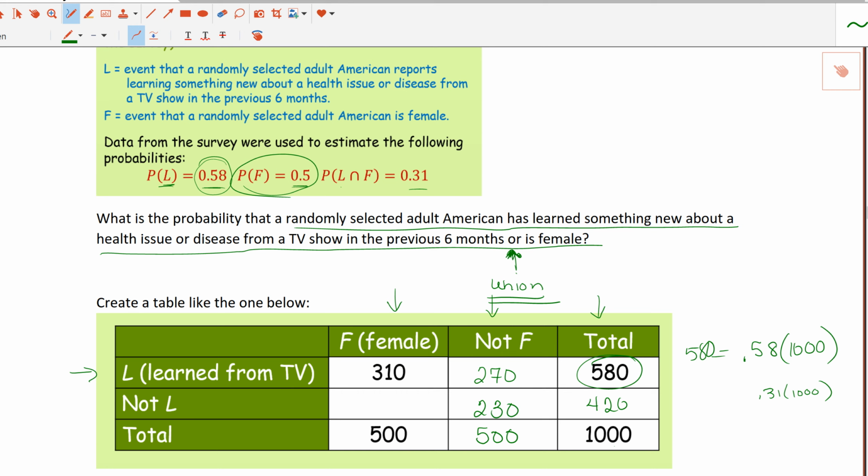And if there were 500 females and we've accounted for 310, then there must be 190 here. Okay, so the columns will all have to add up to the total and the rows will all have to add up to the total, and these are what we call marginal totals because they're in the margins. Marginal totals, and they will add up to the grand total. So you can add up vertically or coming across horizontally.